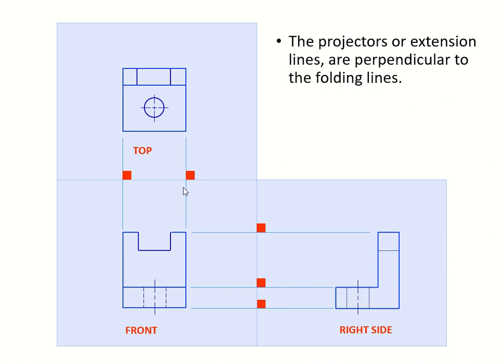So the lines, now we're going to give them a name. We call them the projectors or extension lines. Here, and they're perpendicular to each other. Perpendicular meaning if you measure the angle, you're going to get 90 degrees to each other. That's why it's very pleasing to your vision, because you can see it very proportional to each other, so it's nice in your eyes.